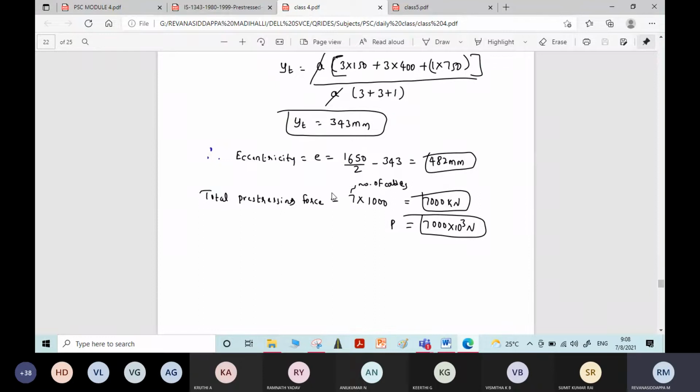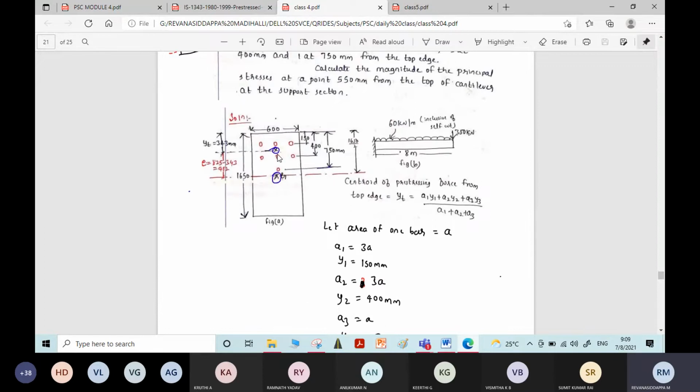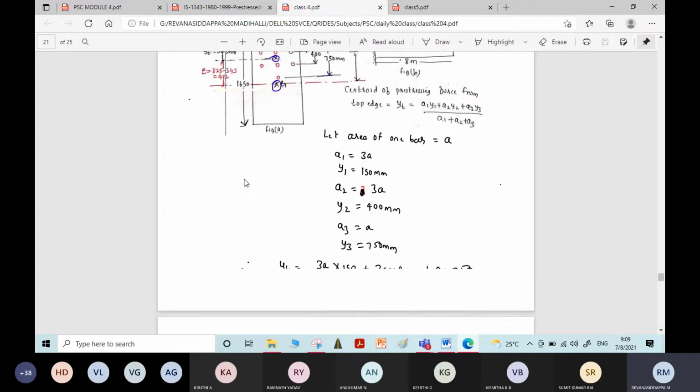After that we have calculated the eccentricity. Eccentricity is the distance between the centroid of the cables and the centroid of the whole figure. The total depth of the beam given is 1650 mm, divided by 2 will give the distance of the centroid from the top fiber, that is 825, minus 343 will give the eccentricity, the distance between the centroid of the bars and the centroid of the figure.